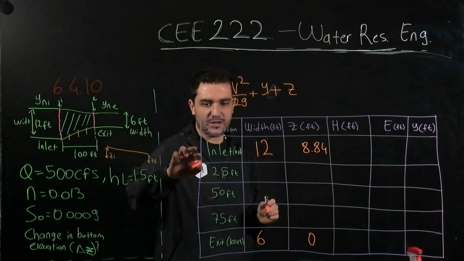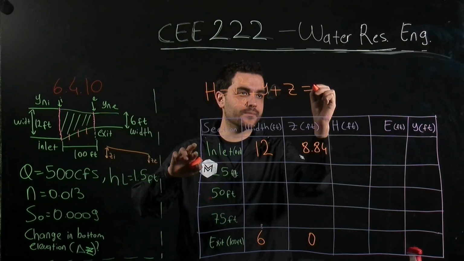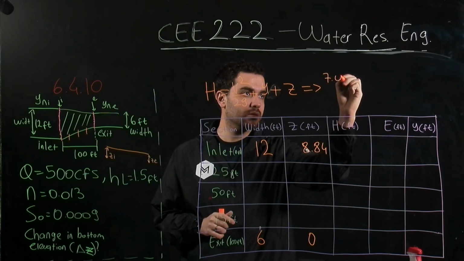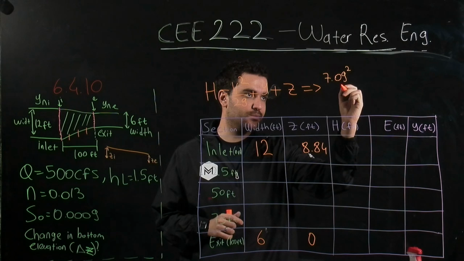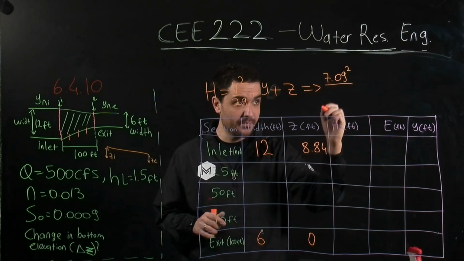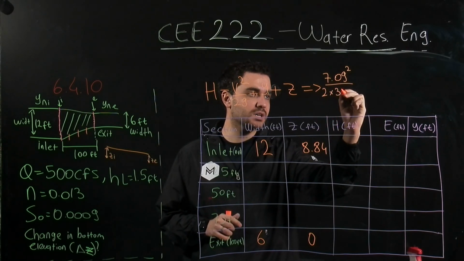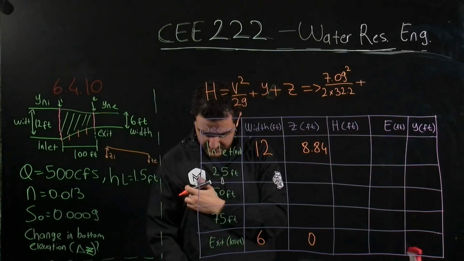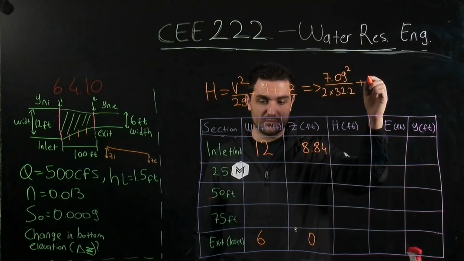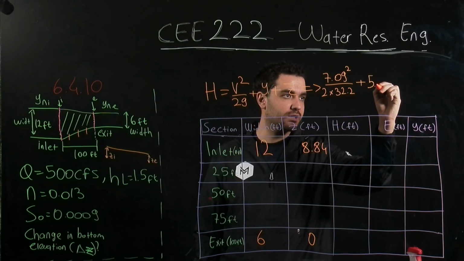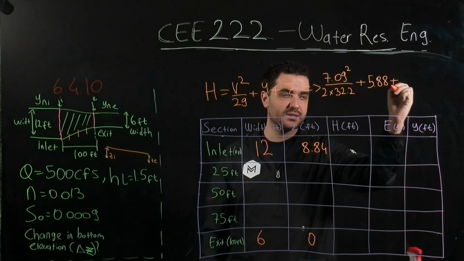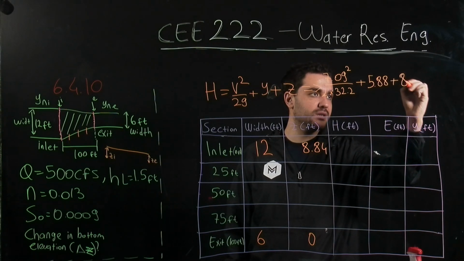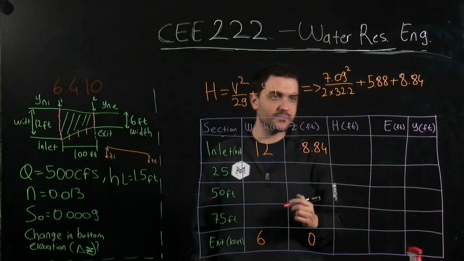For example, for the inlet we will have 7.09 squared over 2 times 32.2, plus the depth, calculated as 5.88 feet, plus the bottom elevation, 8.84.